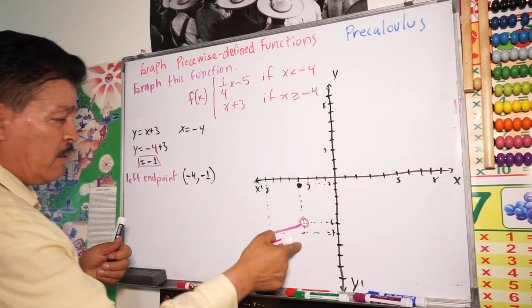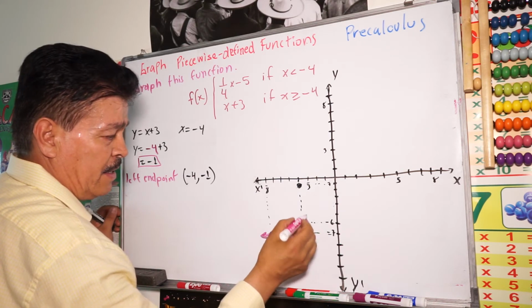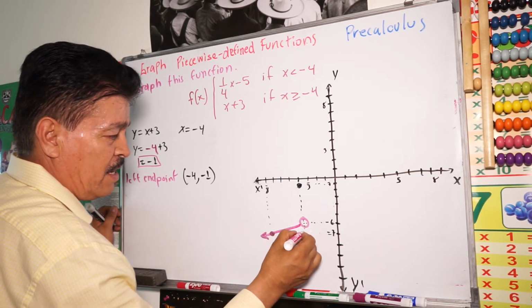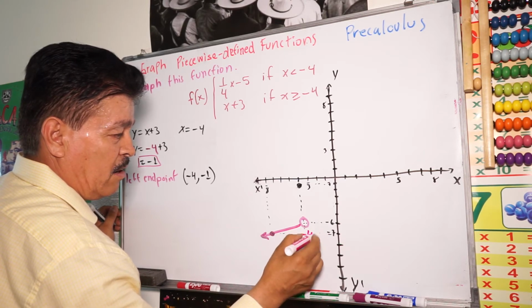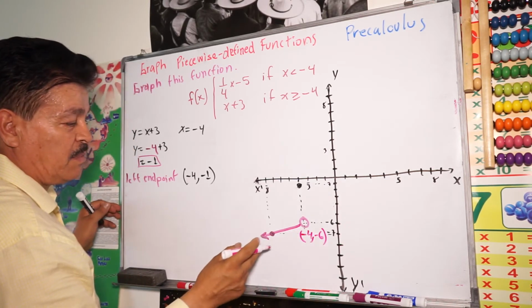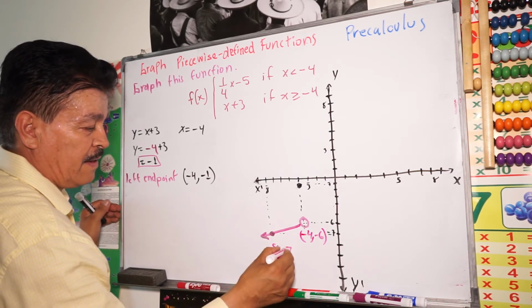So let me write the other point. This point here was -4, -6, and this point was -8, -7.